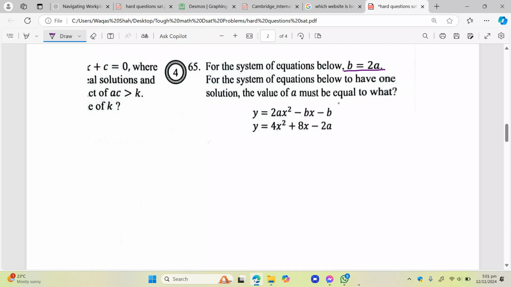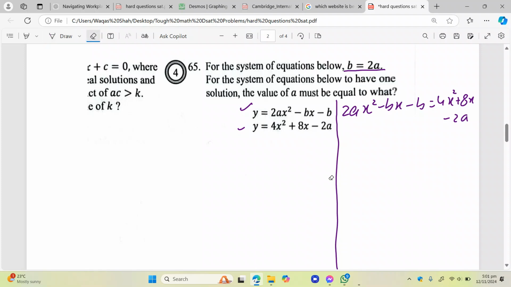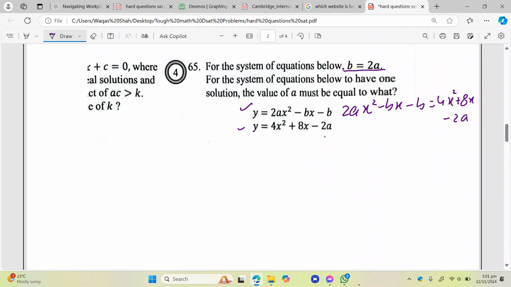So what we will do now, we can write this is equal to this one, right? So it will be 2ax square minus bx minus b is equal to 4x square plus 8x minus 2a. Now we can shift everything on one side. If you shift this 4x square on this side and take x square common, it will be 2a minus 4 x square, right?